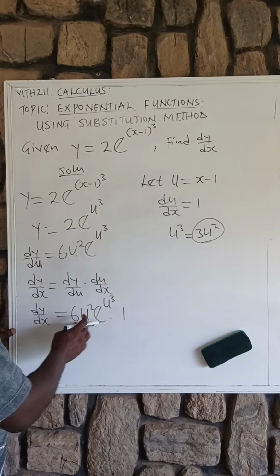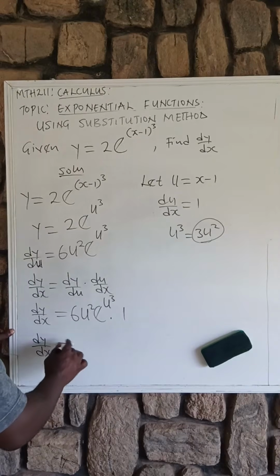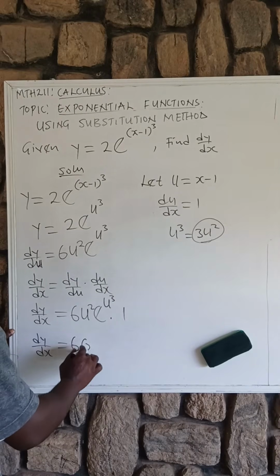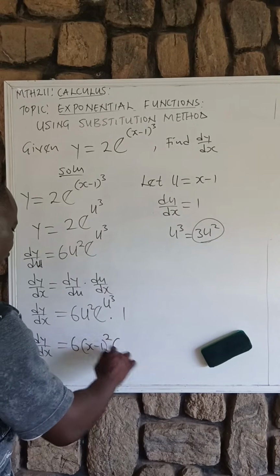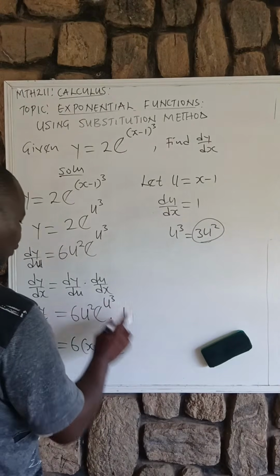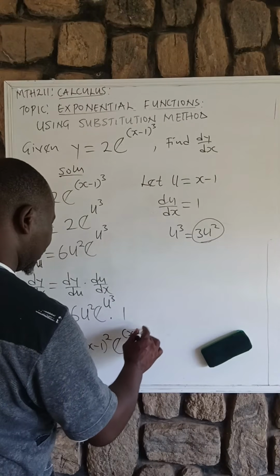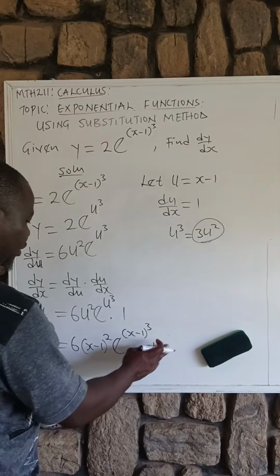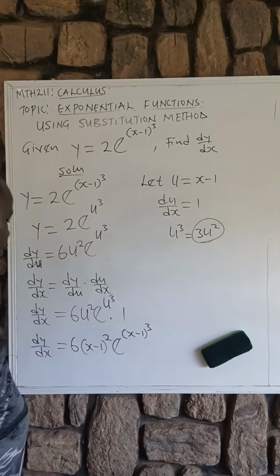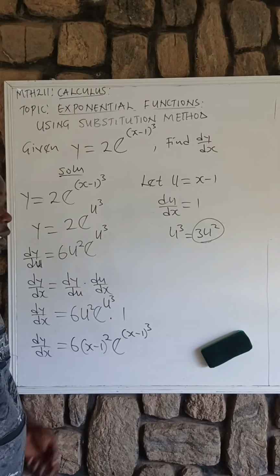And what is our u? Our u is x minus 1. So our dy over dx is equal to 6(x minus 1) all squared, exponential (x minus 1) raised to the power of 3. Times 1 is the same thing, so it is not necessary. So this is the final answer.